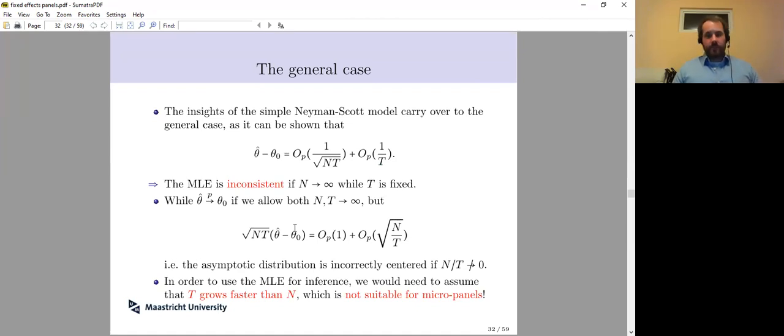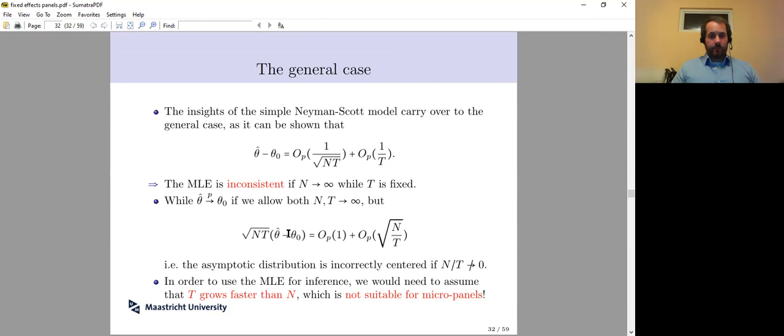Now, what does this mean in practice? Well, let's discuss the general case. The insights from Neyman and Scott carry over to a general nonlinear panel data model with fixed effects. You can show that the MLE minus the true value is the asymptotic normal distribution plus a first order bias. So if n goes to infinity, this term here disappears. However, this term here stays, and therefore the MLE is inconsistent if only n goes to infinity while t is fixed. If you let both n and t go to infinity, both these terms disappear.